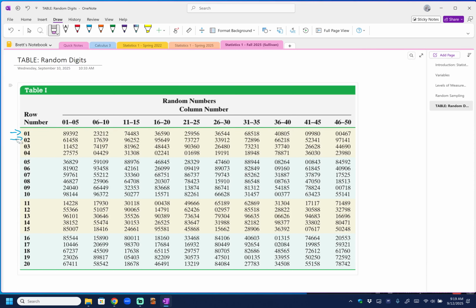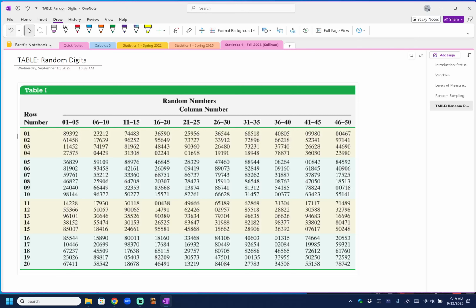The column numbers can be a little bit tough only because they number them 1 through 5 here, so you sort of just have to visually be like, all right, this is 1 through 5, this is 6, 7, 8, 9, 10, 11, and so forth. They just can't fit the numbers in there, which is why they group them up the top here. So don't overthink it. Each one is basically its own column number.